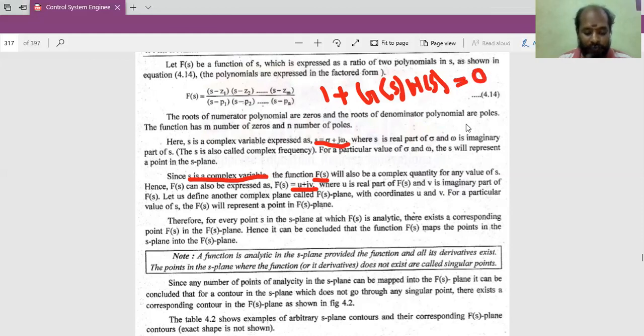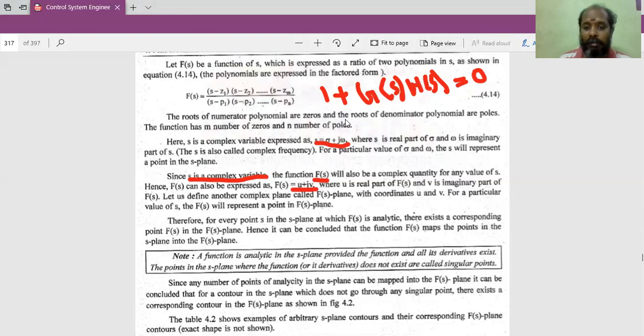So 1 plus G of S H of S is equal to 0 is what we normally consider for analyzing the stability. From this given equation only, we normally comment about the stability.